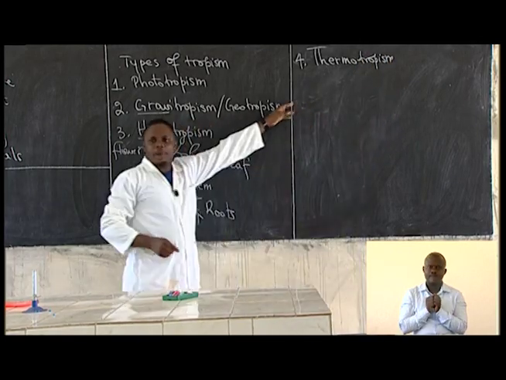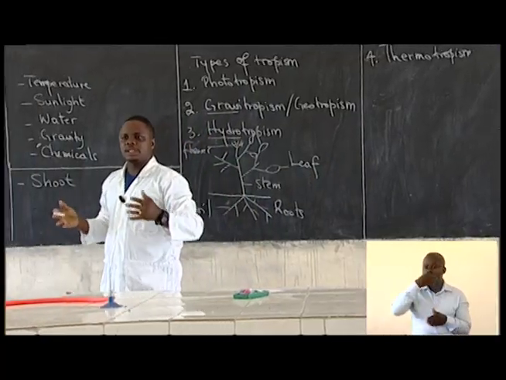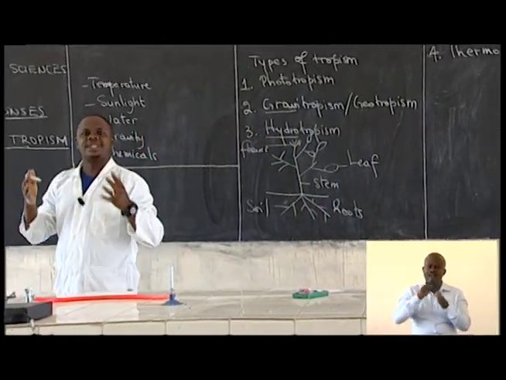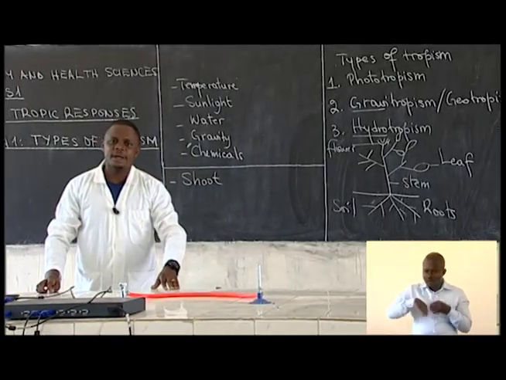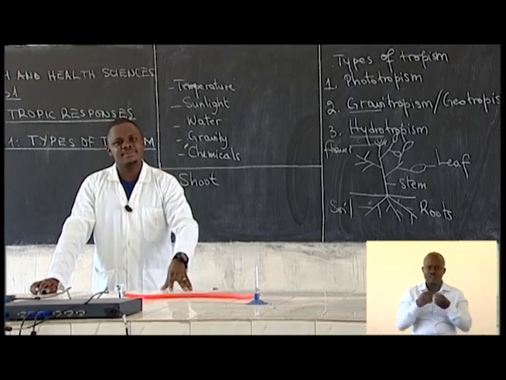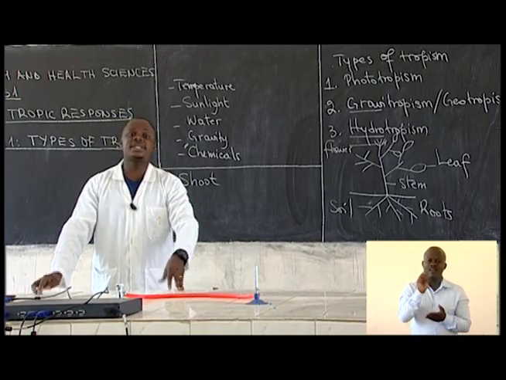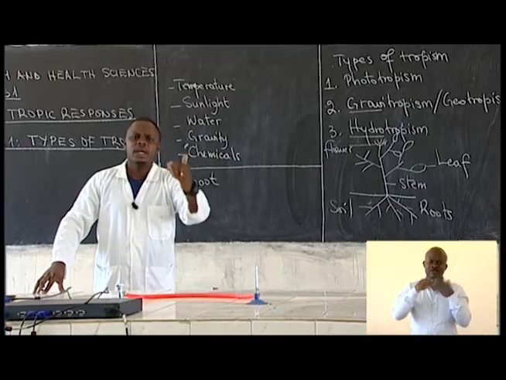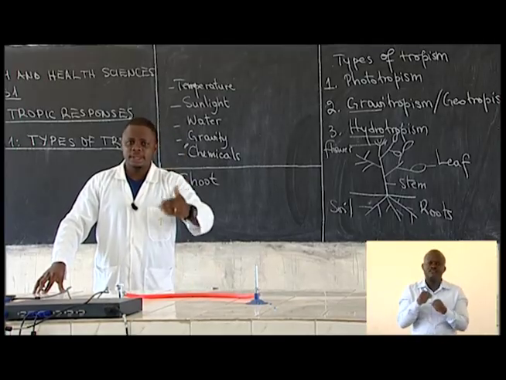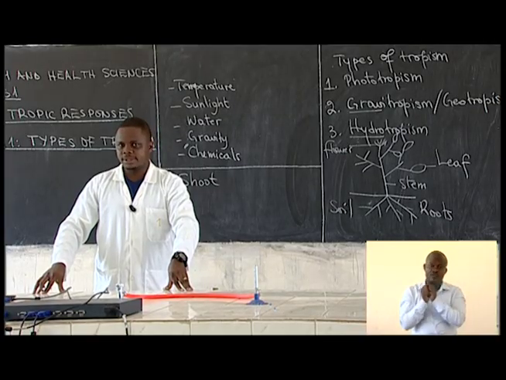And when we talk about thermotropism, thermo is about temperature. That means plants can respond to temperature. Because remember, plants are living organisms. Living organisms have enzymes. Enzymes are very sensitive to temperature because chemical reactions in living organisms are controlled by enzymes.